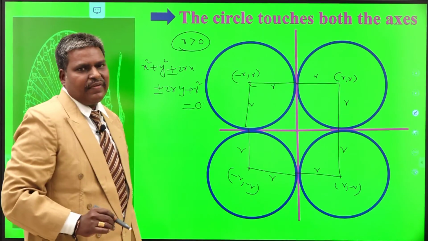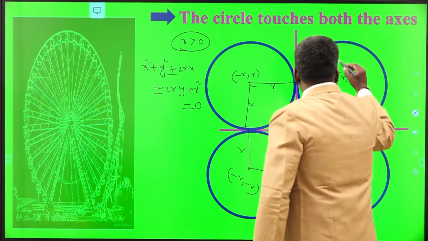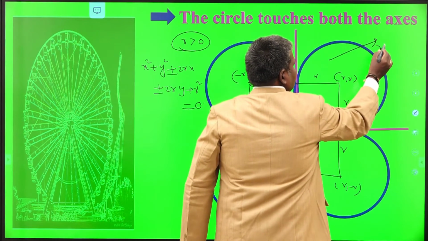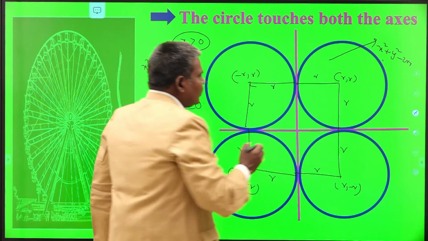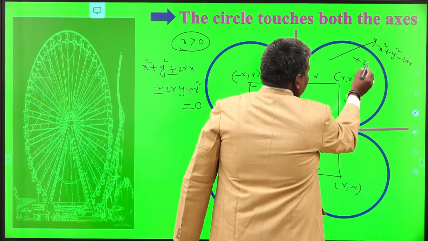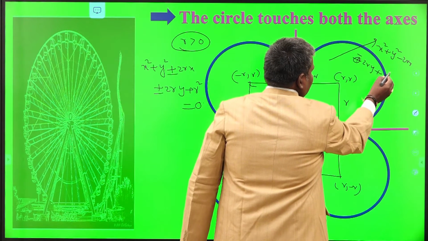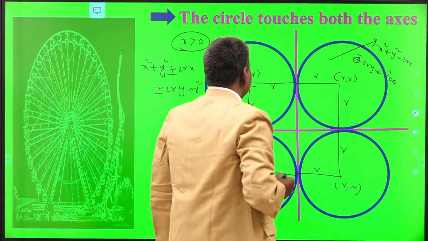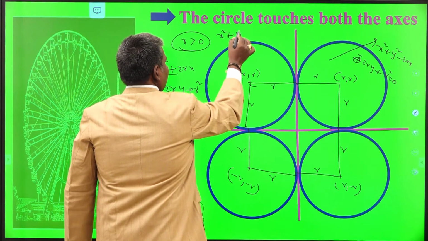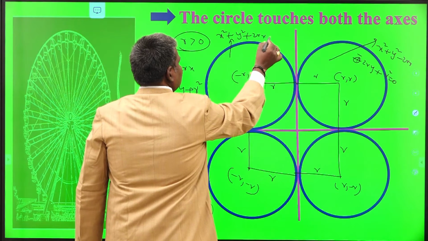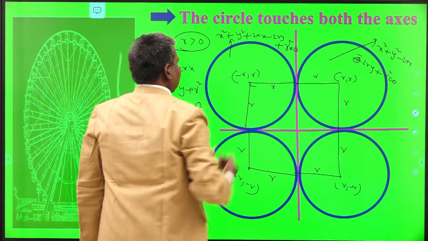Radius of a circle is always positive. That is why I am writing in this manner. So, can you tell me the equation? x square plus y square minus 2rx, sorry, minus 2ry plus r square equal to 0. What is this equation? x square plus y square plus 2rx minus 2ry plus r square equal to 0.